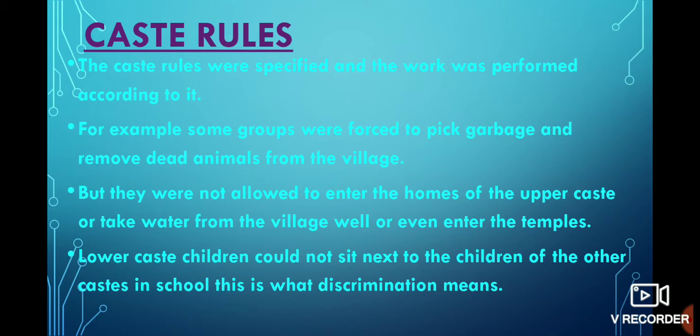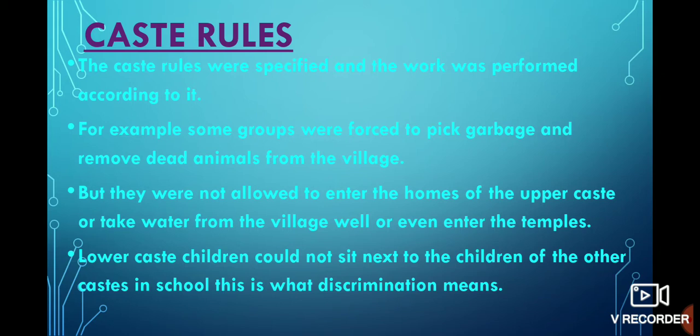But they were not allowed to enter the homes of upper caste people, take water from the village well, or even enter the temple. If you want to relate to this situation, I recommend watching the Marathi movie Fandry. In that movie they have given a clear example of how people discriminate against people on the basis of caste.